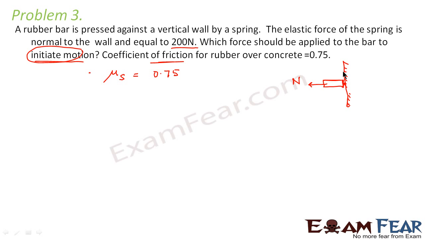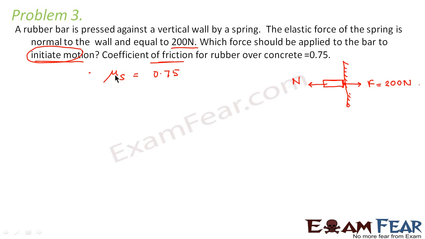And the question says that the elastic force of the spring is normal to the wall and is equal to 200 Newton. That means the force which is normal to the wall, somewhere along this direction, is equal to 200 Newton.